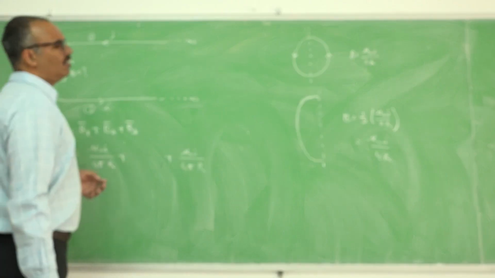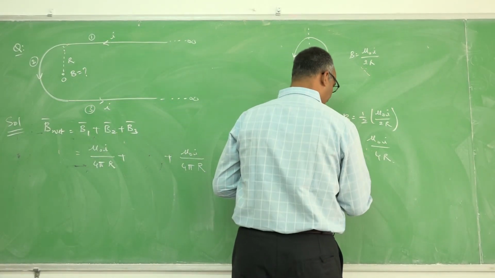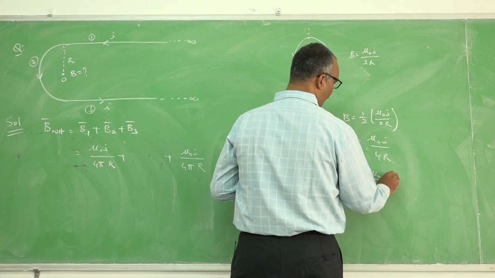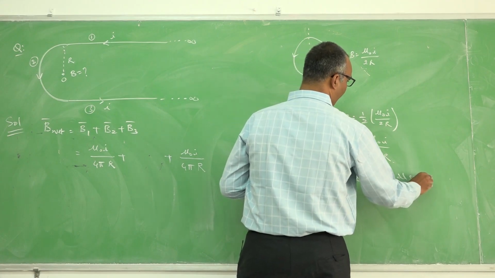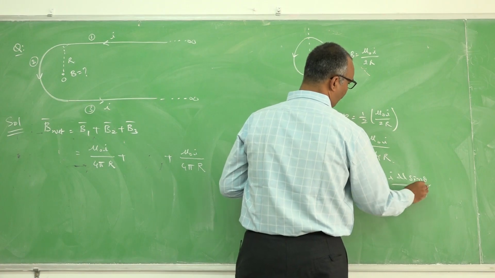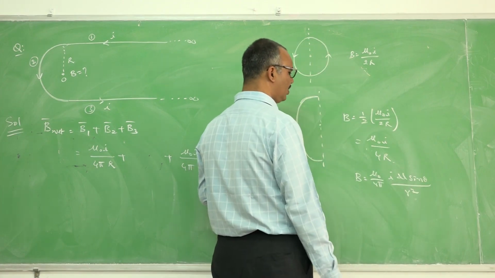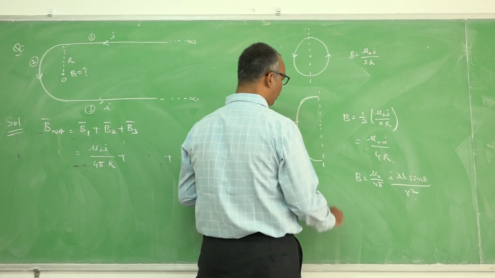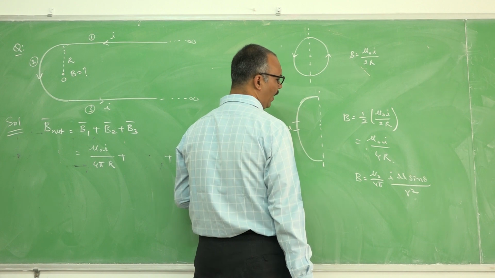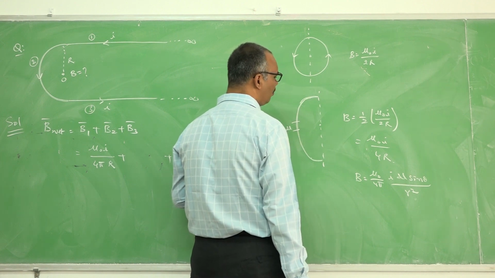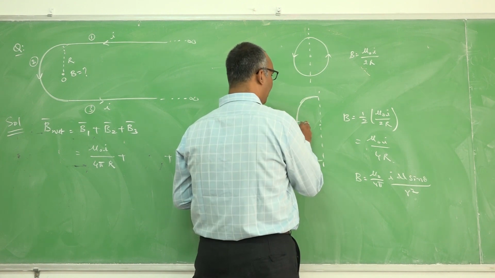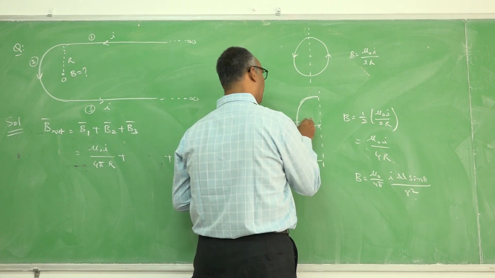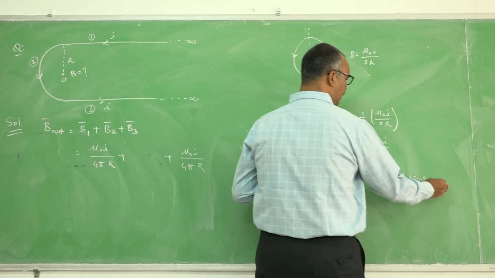Otherwise, directly from formula if you think, B is equal to mu naught by 4 pi into I dl sin theta by R square. Based on this formula, if you take a small element of length dl here, so the dl is making an angle. What is the angle made by it? dl bar is like this, R bar is like this. So dl bar and R bar are perpendicular to each other. So theta is 90.